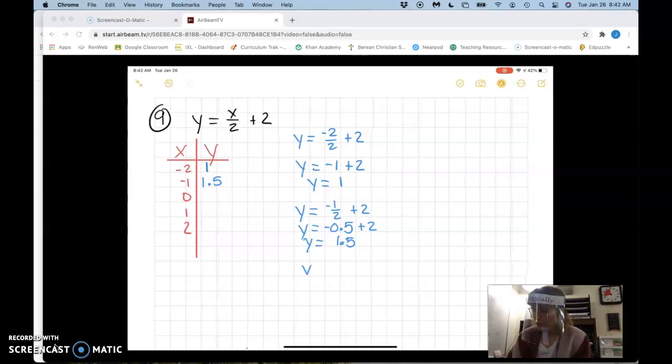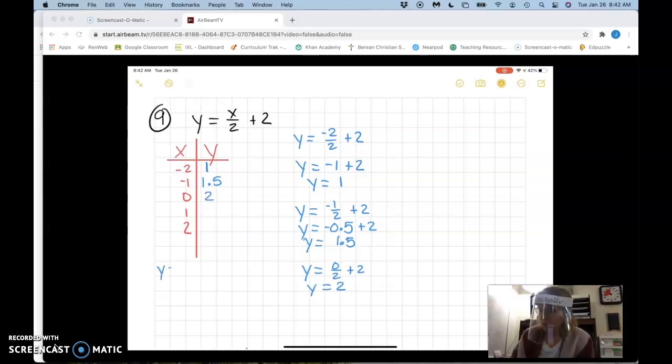So let's keep going with plugging these in. Y equals 1 over 2 plus 2. So this time I'm going to get 2.5.